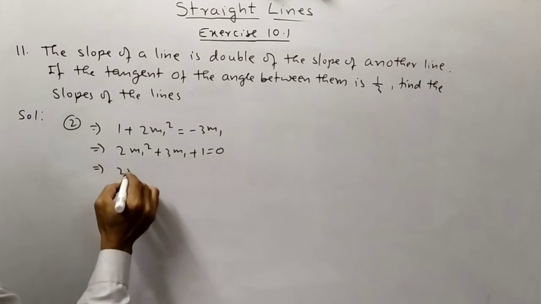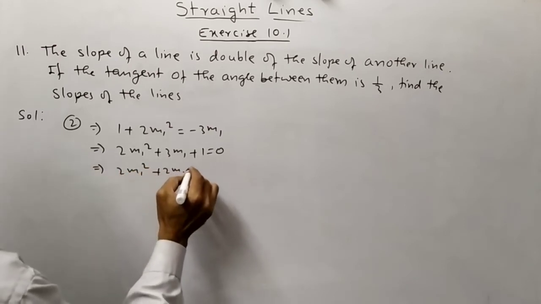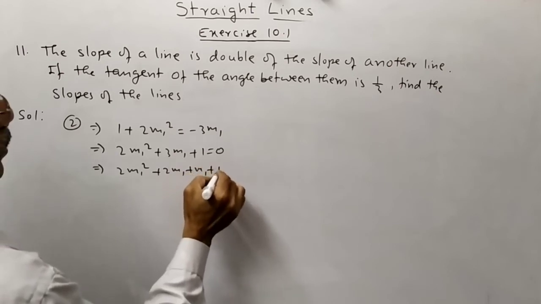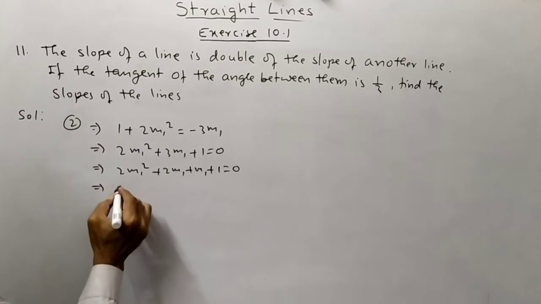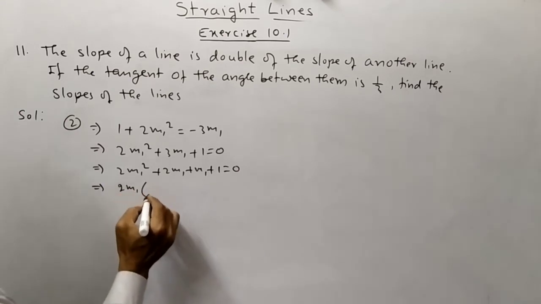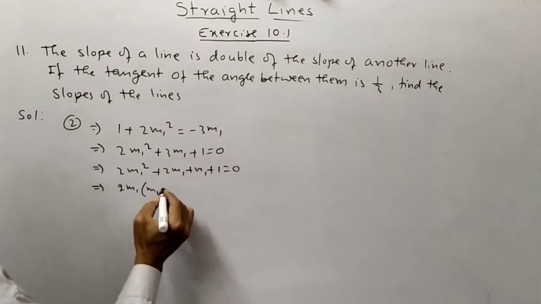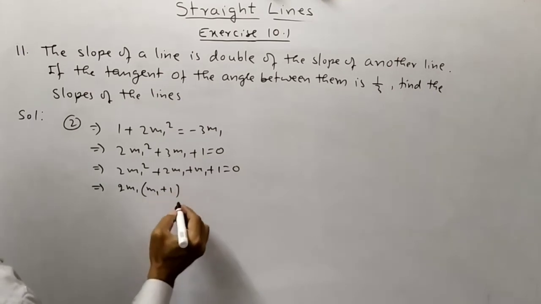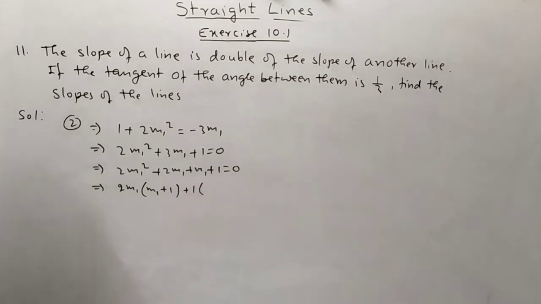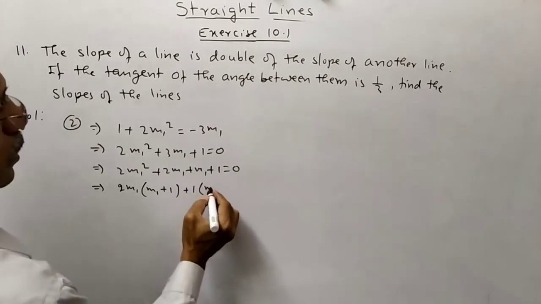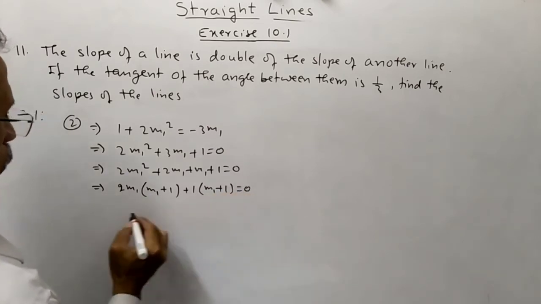This implies 2m1 square plus 2m1 plus m1 plus 1 is equal to 0. When you take 2m1 common from the first two terms, you will get m1 plus 1. If you take 1 common from the next two terms, then you will get m1 plus 1 is equal to 0.